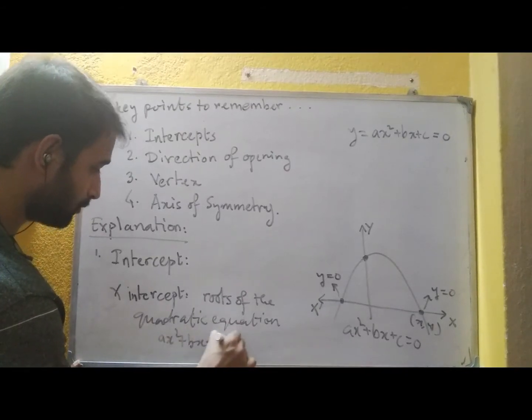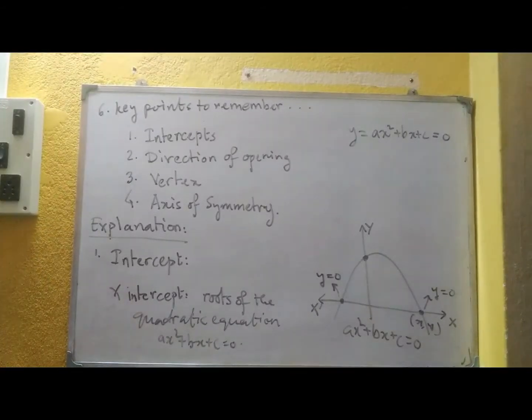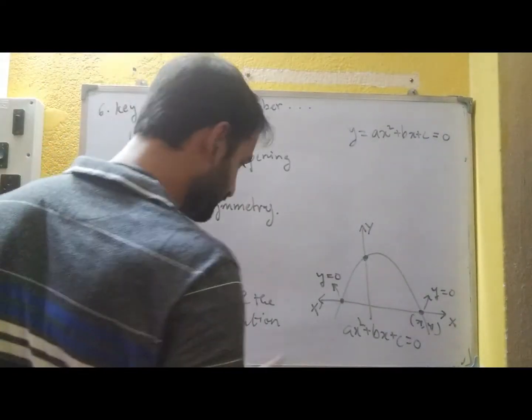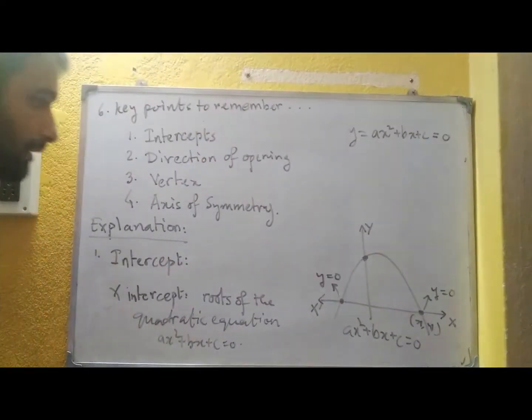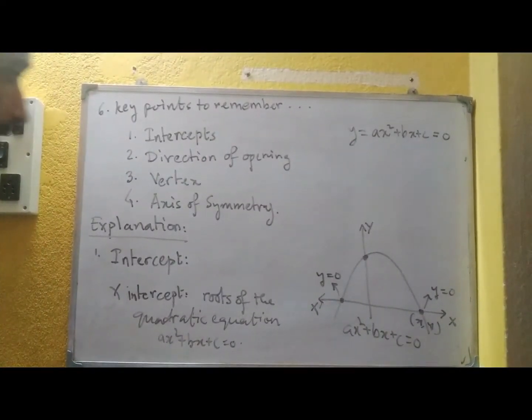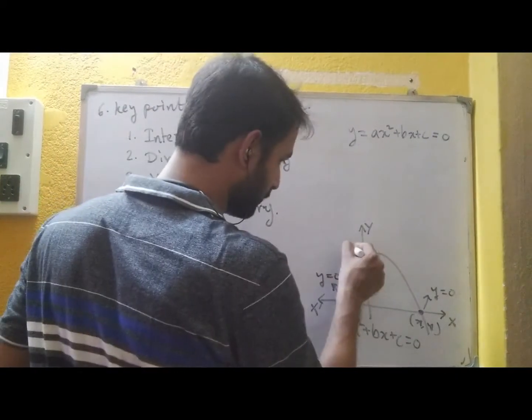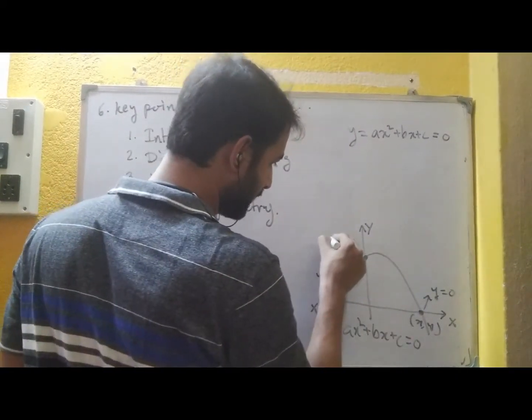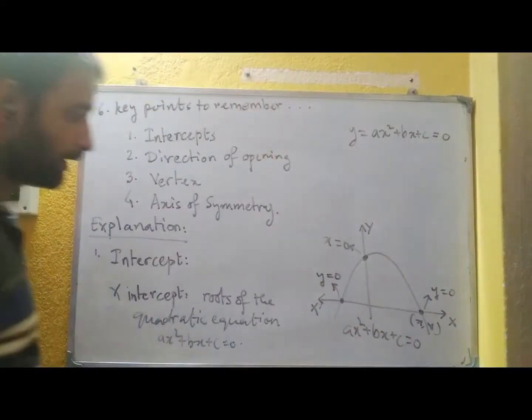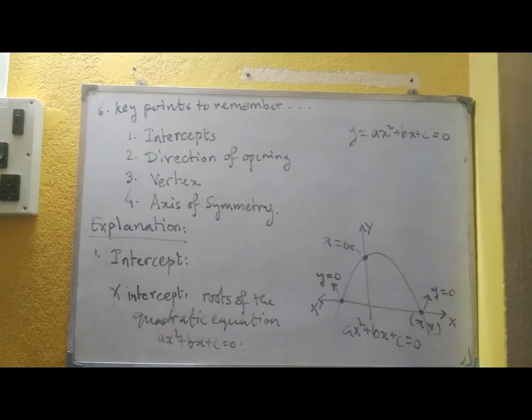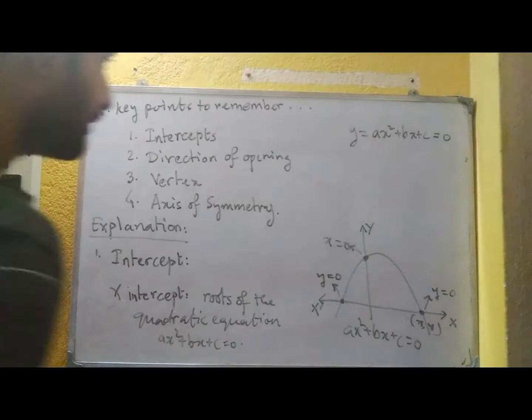So these are the roots of the quadratic expression. This will denote the x-intercepts of the expression. And similarly, when you are talking about these points, at this point x will be 0. That means when you are talking about the y-intercept, then x will be 0. So that you will write here.